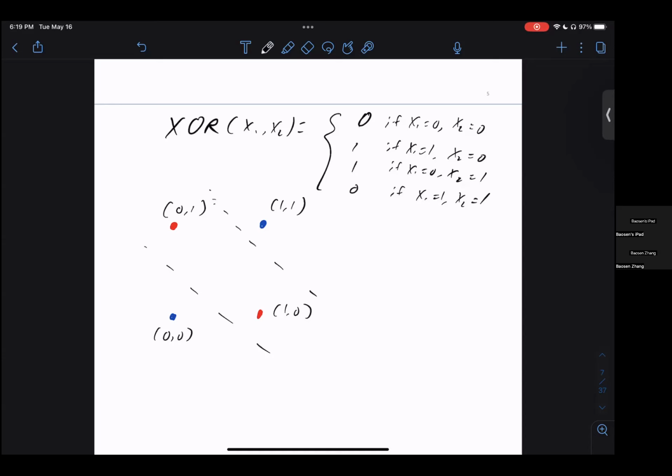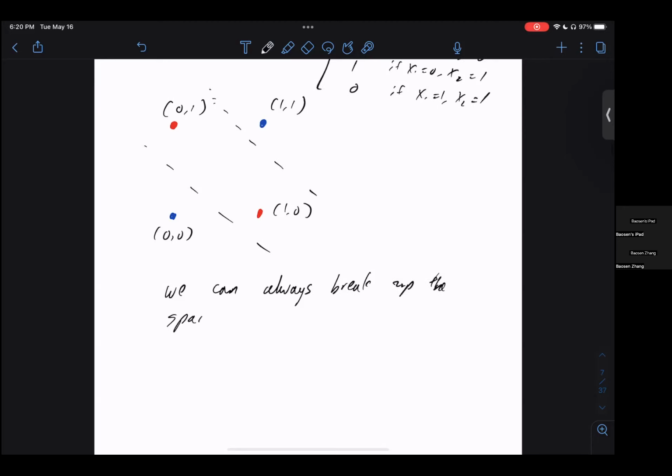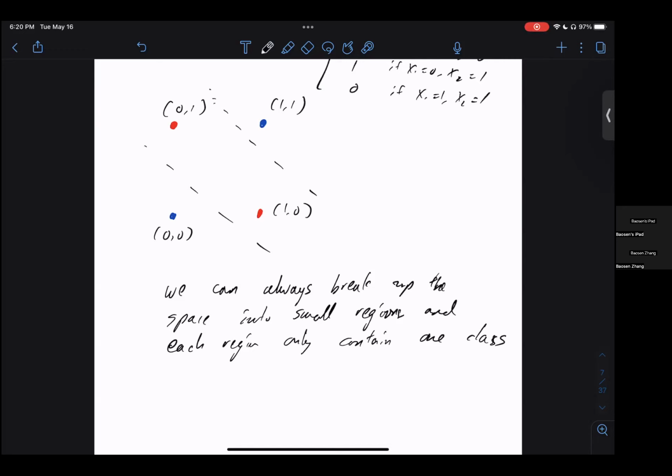Even if you have more dots and make things more complicated, it's okay.